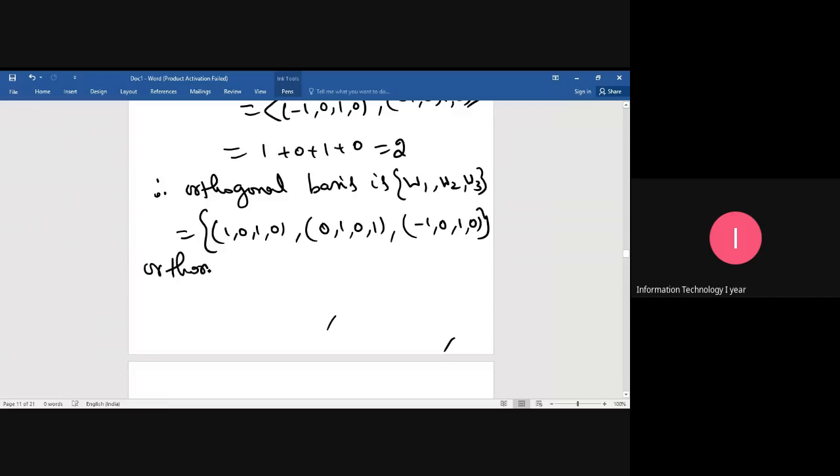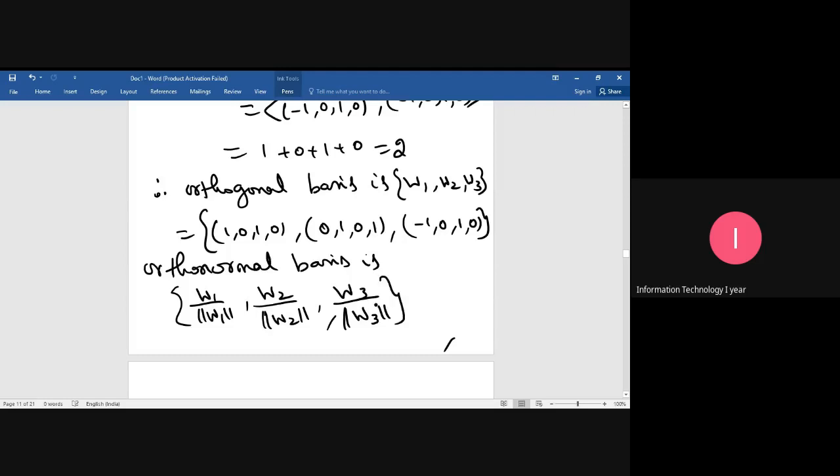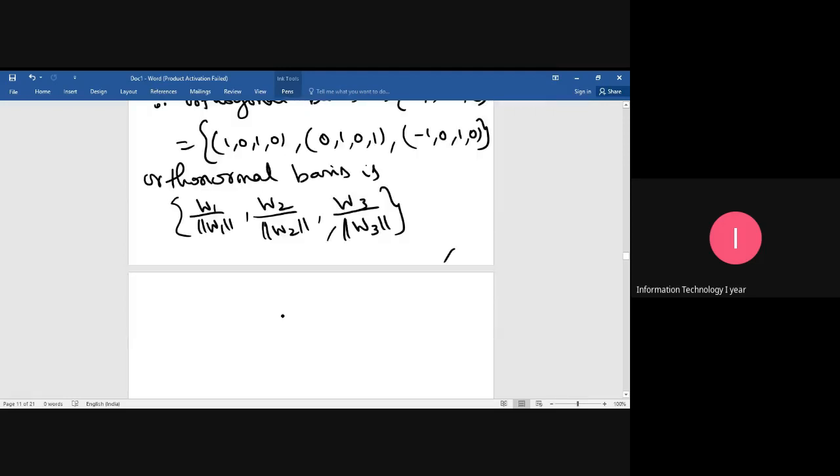The orthonormal basis is actually W1 by norm W1, W2 by norm W2, W3 by norm W3. So this is the orthonormal basis. So write the answer now. Okay. So this is equal to 1 by root 2.